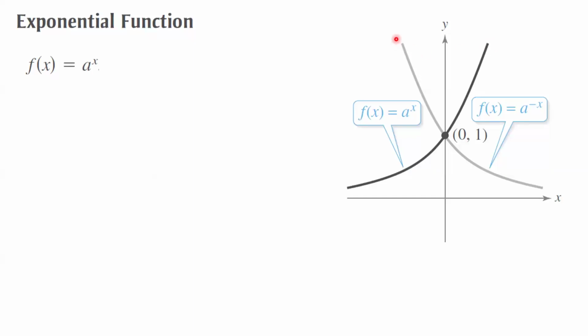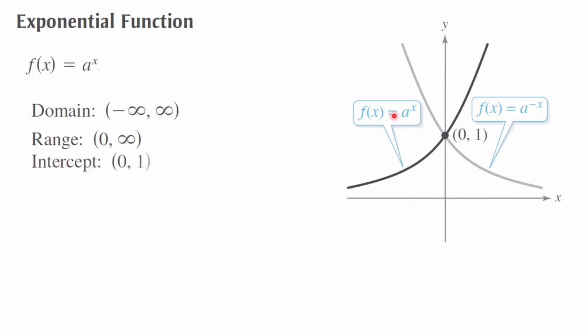When a is between 0 and 1, the graph is decreasing. The domain of the function is negative infinity to positive infinity. There is no restriction, plug in values for x. What about the range? Range doesn't include 0. So open interval 0 to infinity.